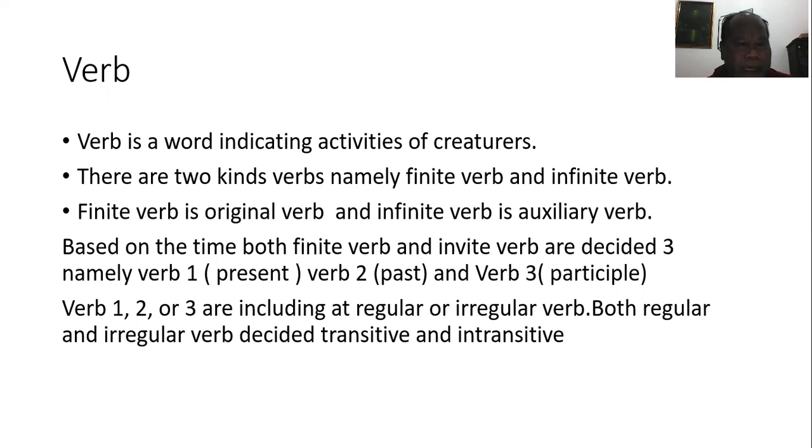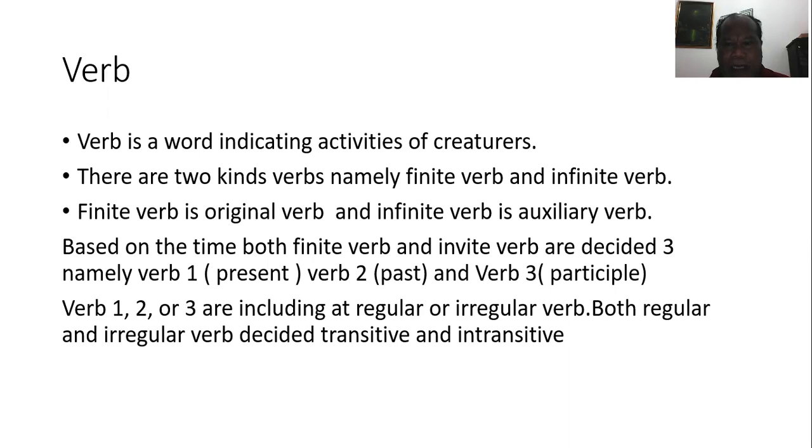Based on the time, both finite verb and infinite verb are divided into three. Namely, verb 1, it is used for present. Verb 2 is named past and is used for past tense.